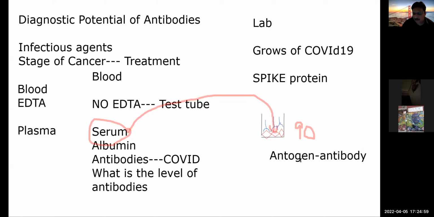Now the challenge comes: how to detect this antigen-antibody complex? So we need help. And who helps here? Again, antibody. So we take an antibody. An antibody is basically V-shaped.